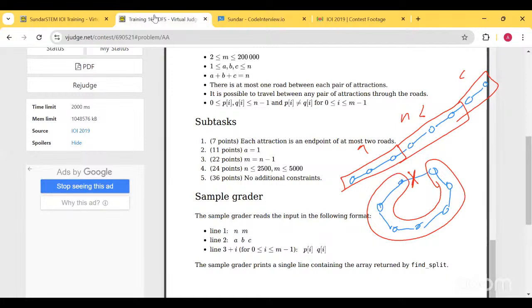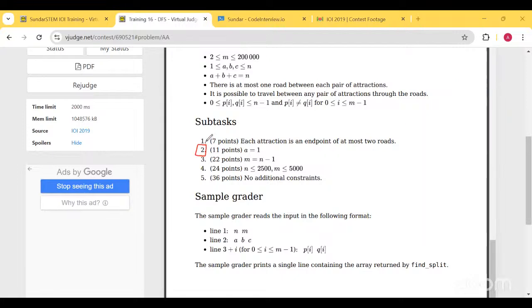After that, let's check. What if A is equal to 1? How do you think we solve this? What does it mean, A equal to 1? A graph consisting of one node.